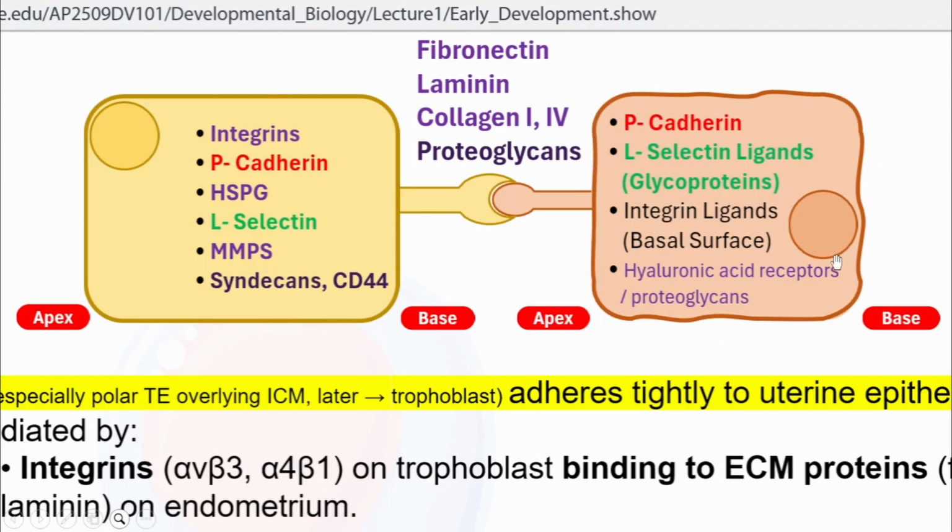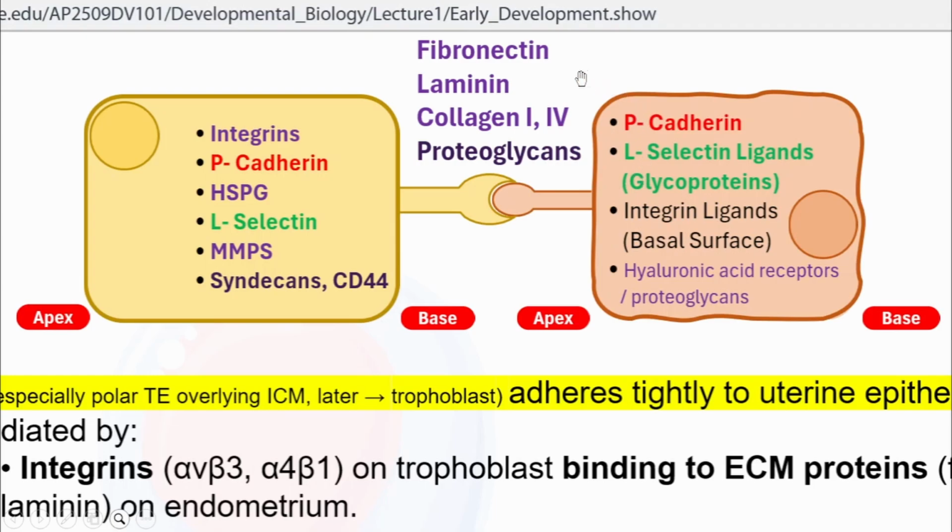This is the first point. And the apex of the trophectoderm will face toward the inner cell mass as well as the blastocele cavity. There is expression of certain cell adhesion molecules, signified by this outbranching here, by both the cell of the trophectoderm as well as the cell of the uterine endometrium.